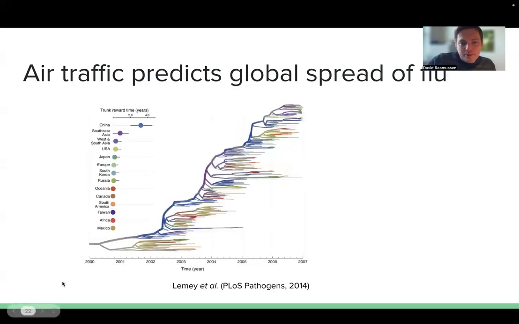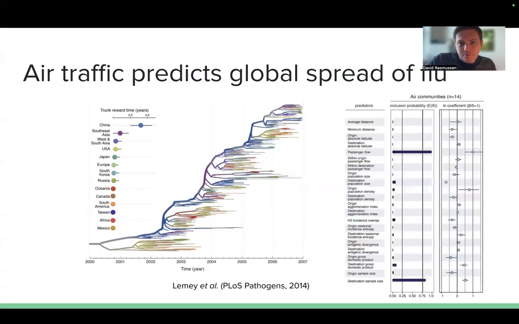So what they were able to do is they first did a phylogenetic reconstruction of how strains sampled from different parts of the world are related to one another. And they used one of these GLM models to then estimate the importance of different explanatory variables to the migration rates at which these lineages move between different locations.